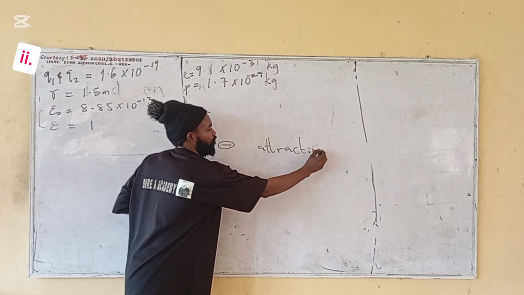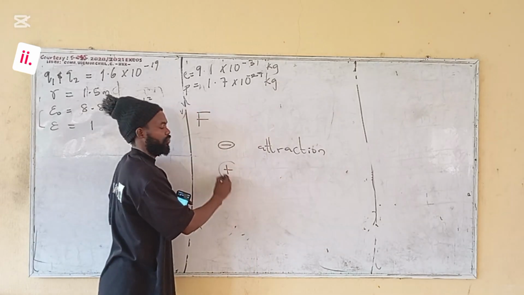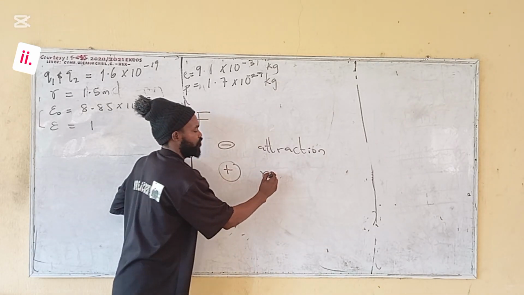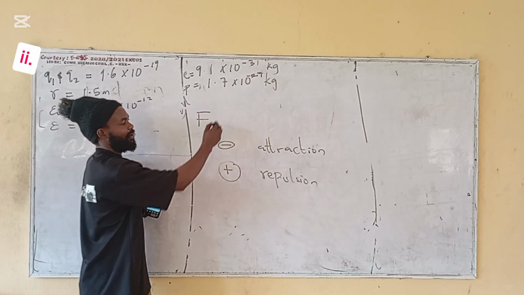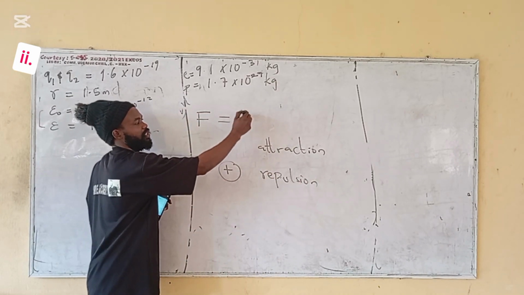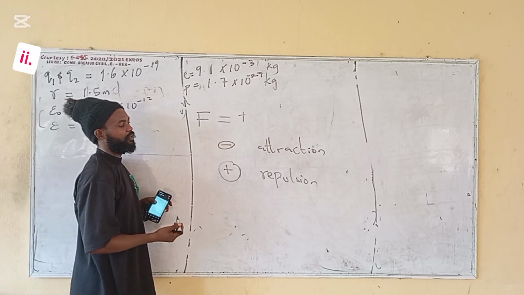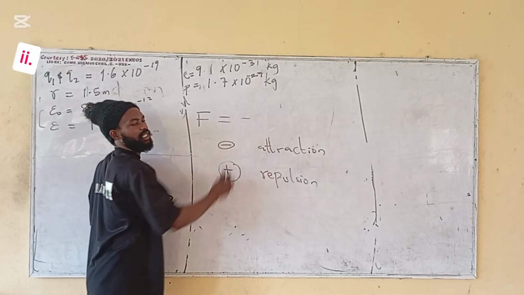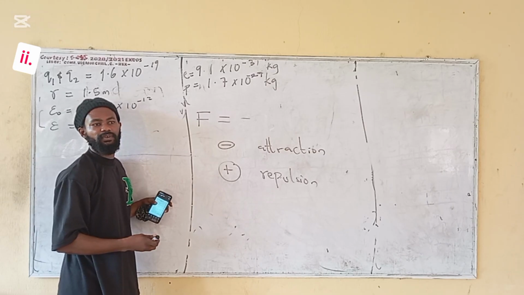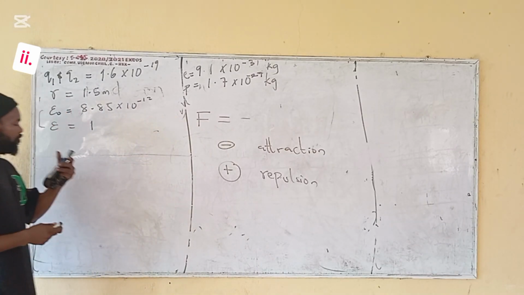But when you lose electrons, you become positively charged, so positive means repulsion. So if our answer for force ends up positive, the force is repulsive. But if we end up with negative, the force is attractive. Very simple.